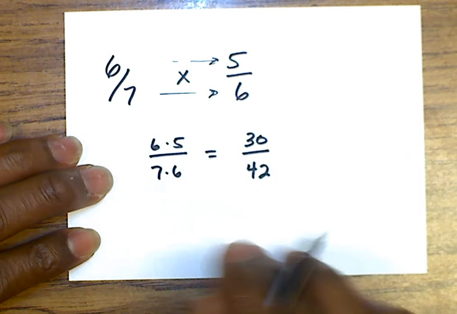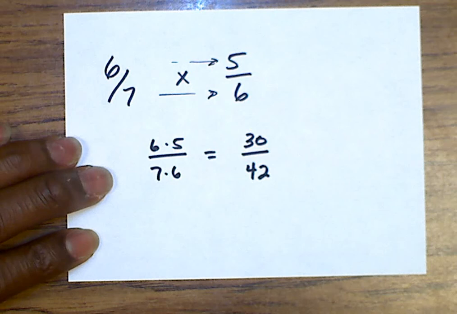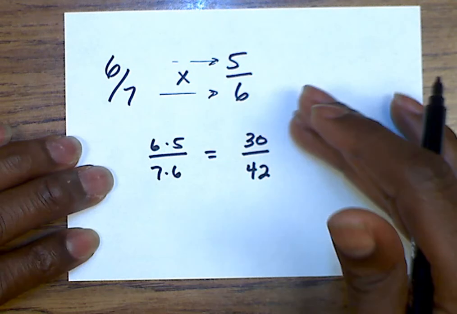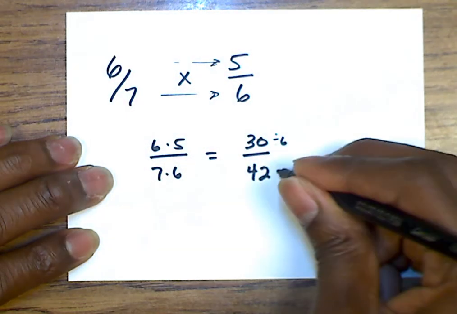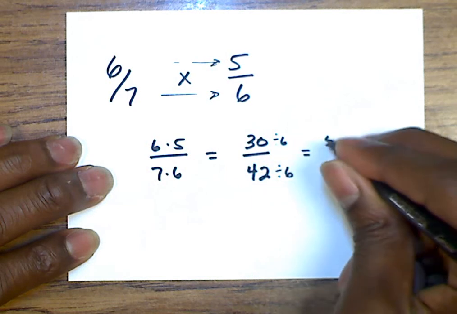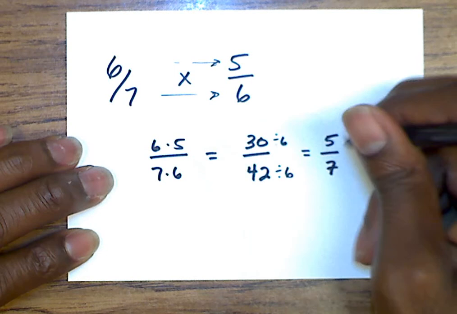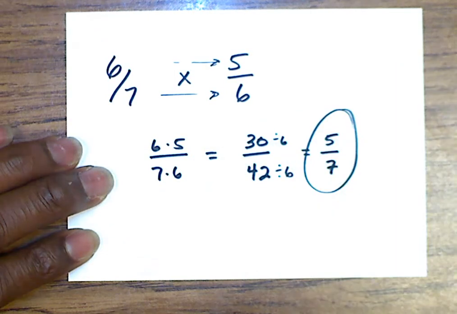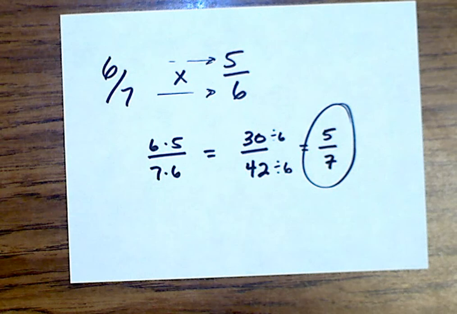With all fractions, we want to make sure that we simplify if we can. These are both even numbers. Actually, 6 goes into both of these values, so I'm going to simplify this fraction, and it becomes 5/7. That's our answer: 30 over 42, or 5/7.